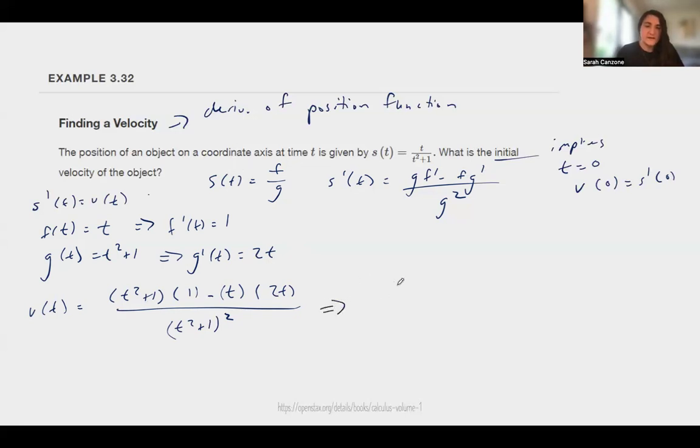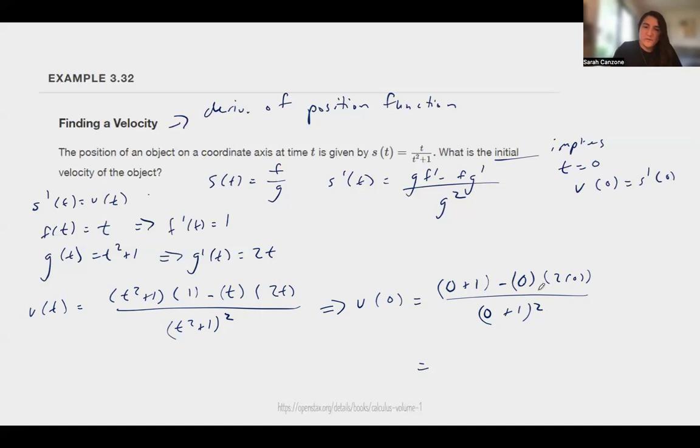So this implies that velocity at 0 equals, now let's just plug in 0. So this is 0, squared is just 0, so I don't need to write that. 0 plus 1 times 1 is just that thing, minus 0 times 2 times 0, over 0 plus 1 squared.